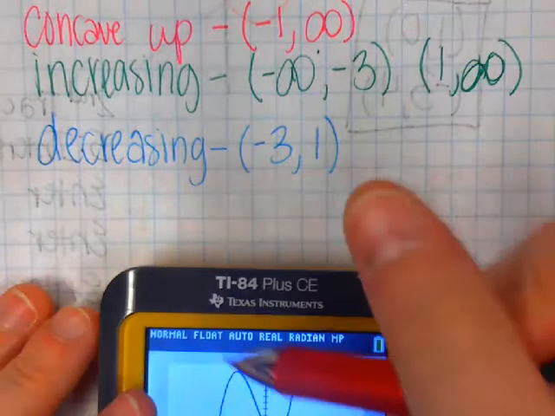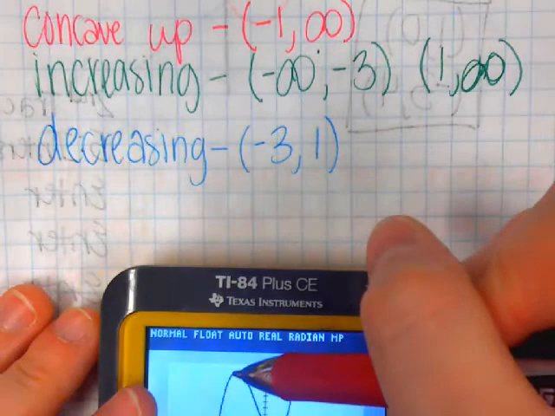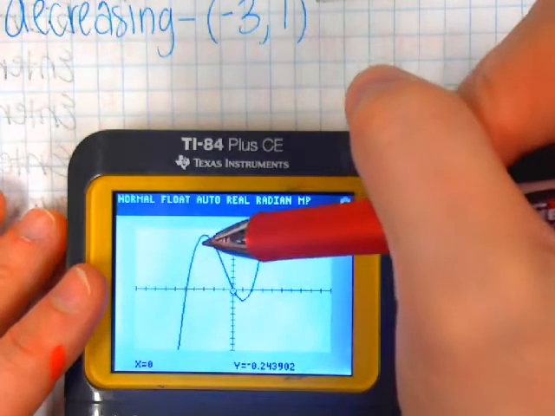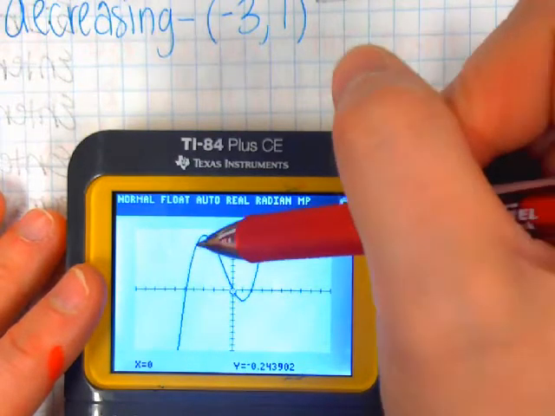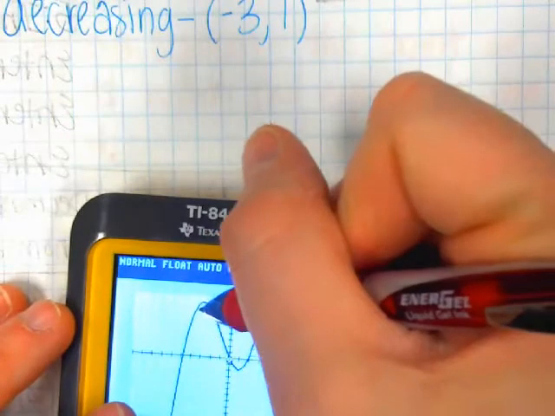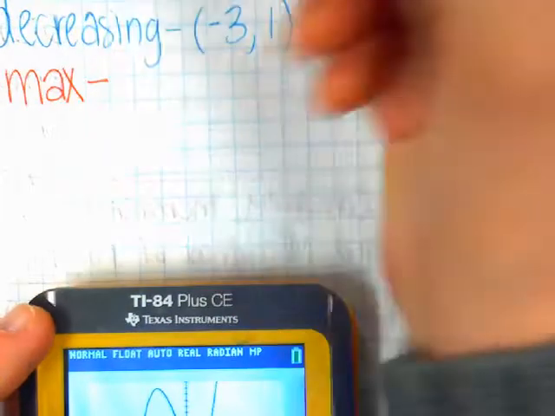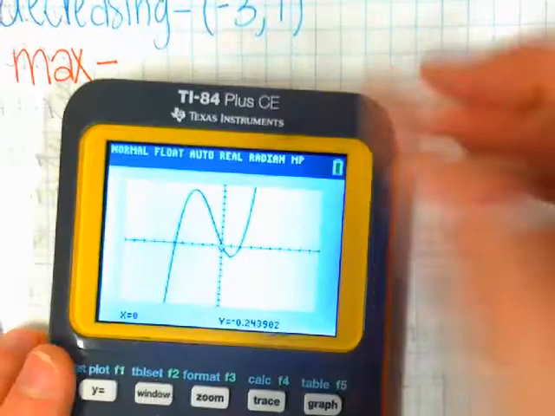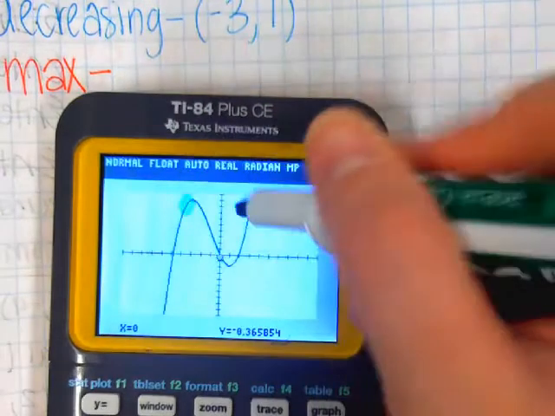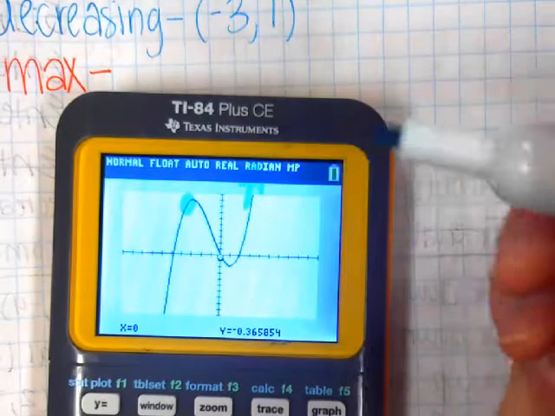Okay, now the last thing that you need to talk about are your min and maxes. So if you look, there's a point right up there. Remember, min, max is not an interval. It's actually the point at which it's the min or the max. So this point is a max because it's the highest. Now, it is not a global because there is a part.